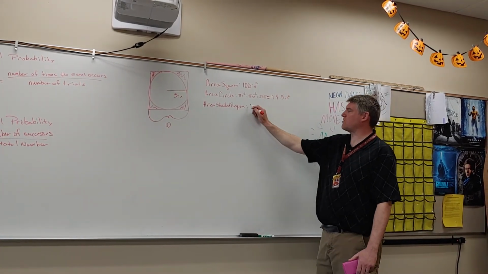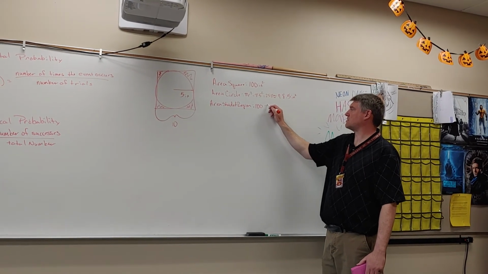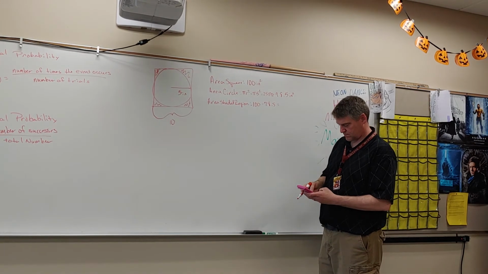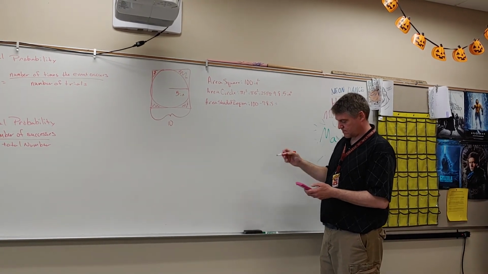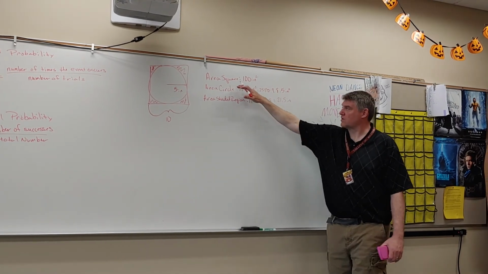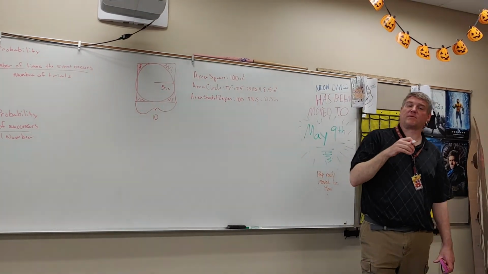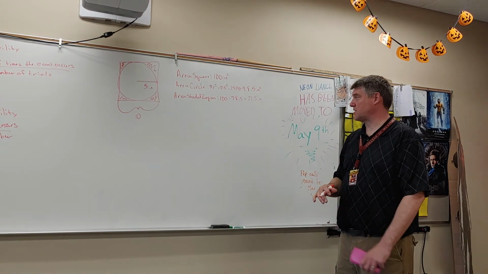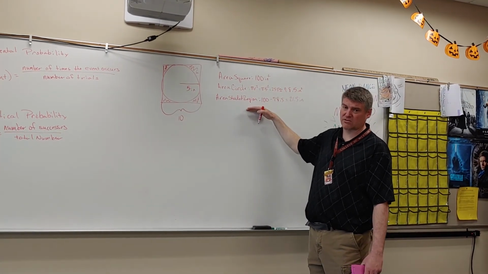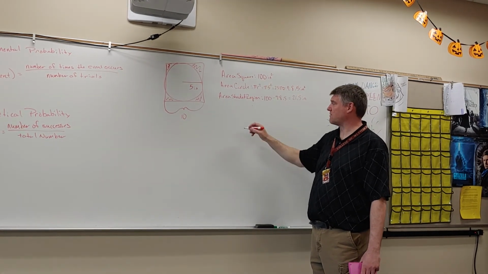So the area of the shaded region is now going to be the difference of these. And we get 21.5 inches squared. So now I have my area of my square, my area of my circle, and my area of the shaded region. The only reason I needed my circle was to find my area of my shaded region. Okay, so I had to find the difference.